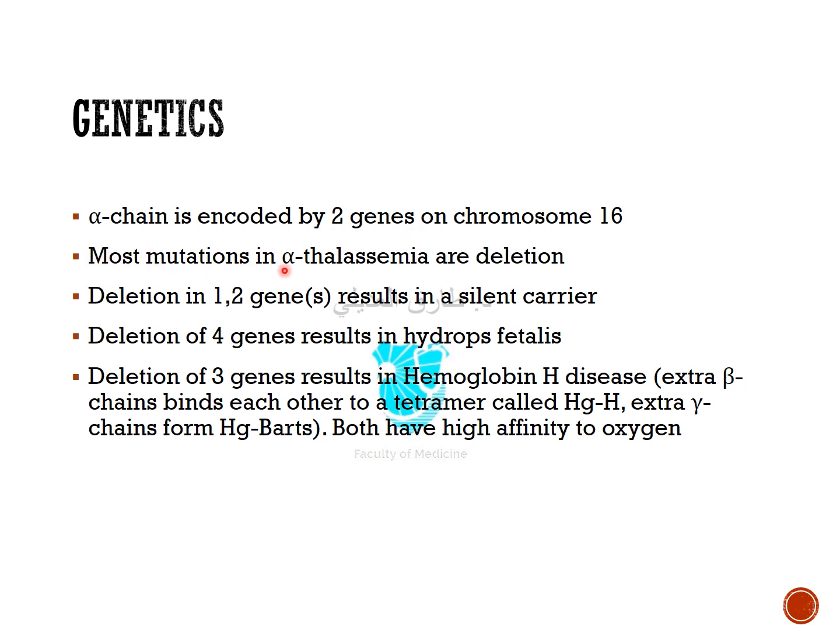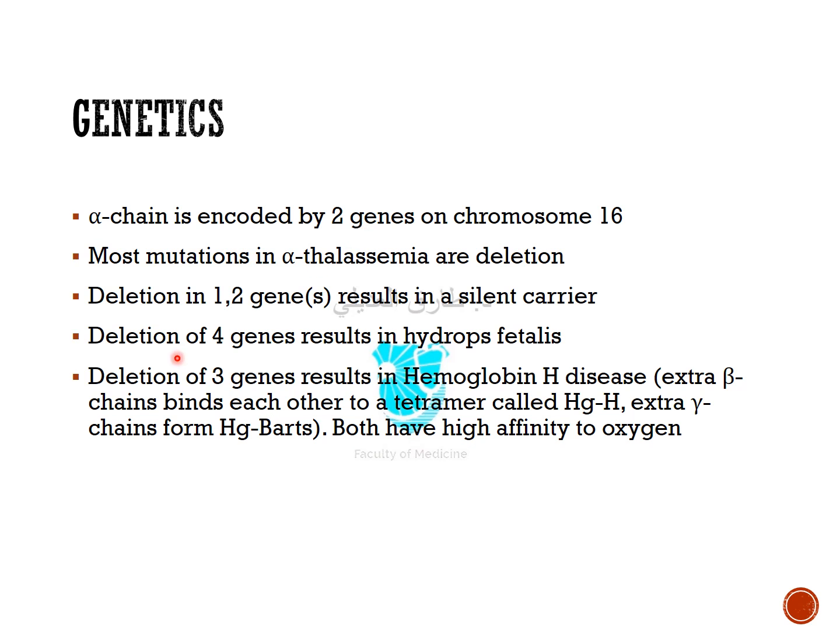The mutations that cause alpha thalassemia are most commonly deletions. We have a deletion in the alpha genes. Now if there is a deletion of a single gene or 2 genes, we still have extra genes that are functioning.